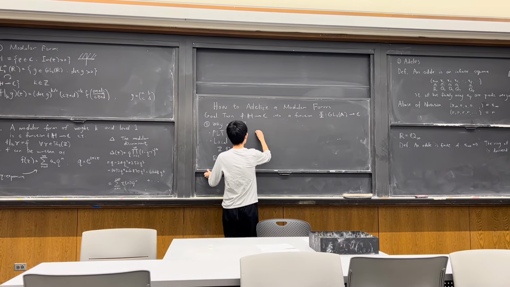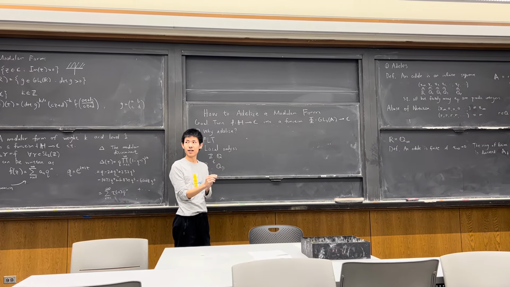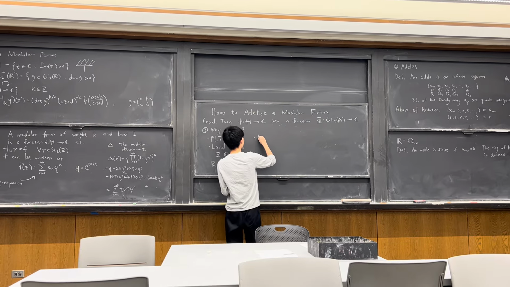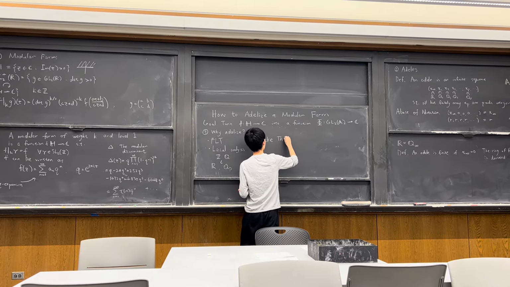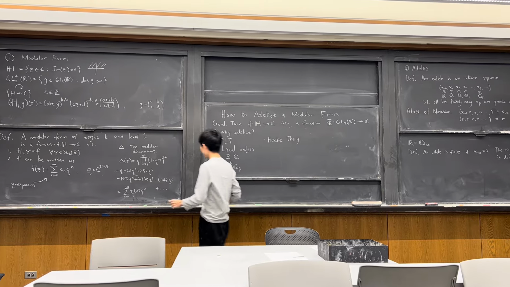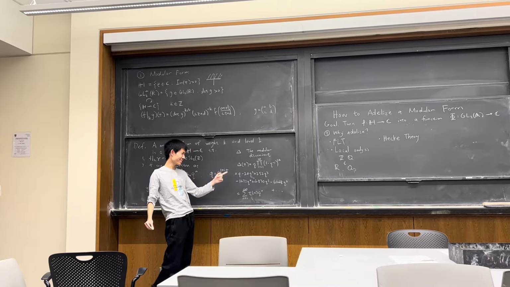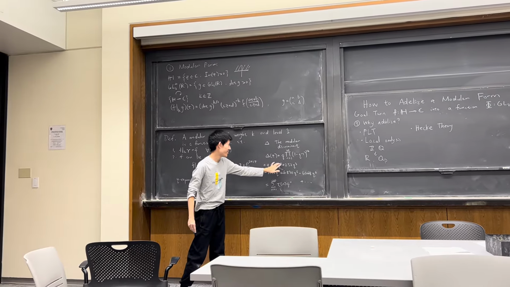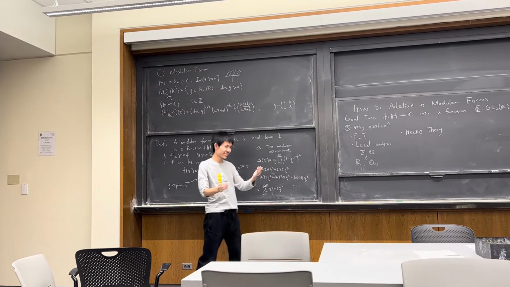And then I should at least give an example of how this could be helpful. So I'm going to use Hecke theory as an example. So looking back at the modular discriminant, these coefficients have a very interesting property. If you multiply the second coefficient with the third coefficient, it turns out to equal the sixth coefficient.